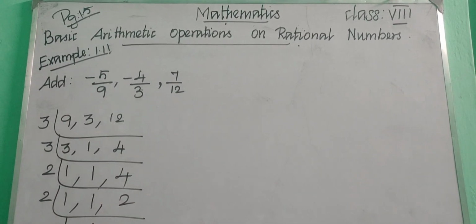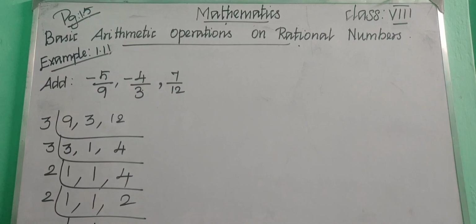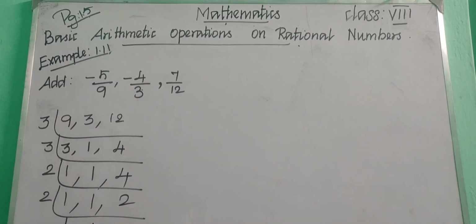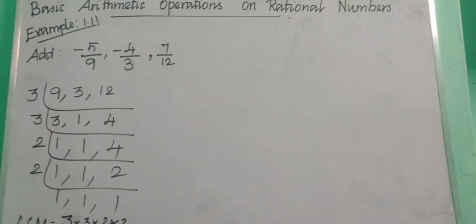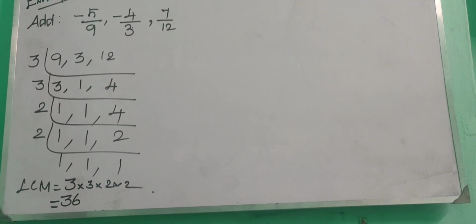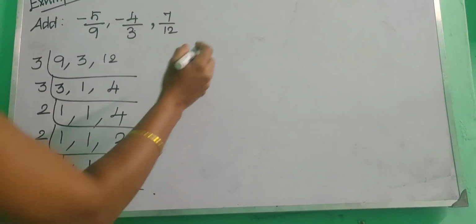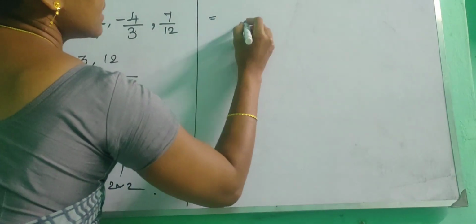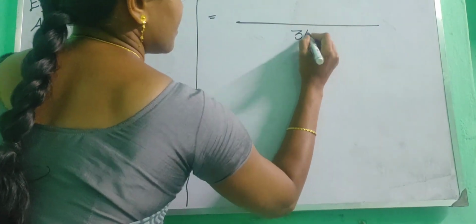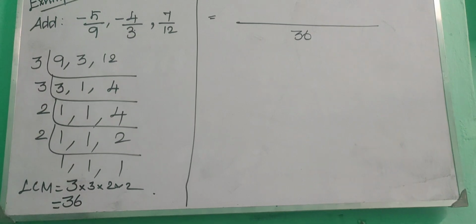So 9 4s are 36. Okay, so the LCM is 36. Okay, children, so we got the denominator as 36.